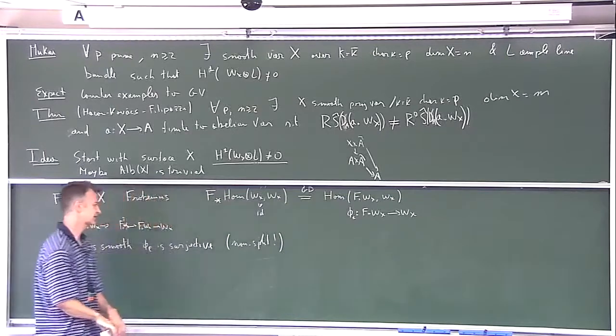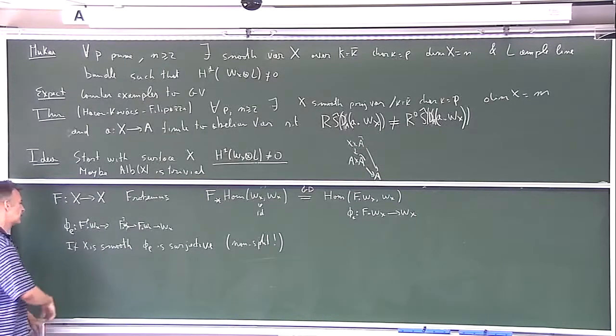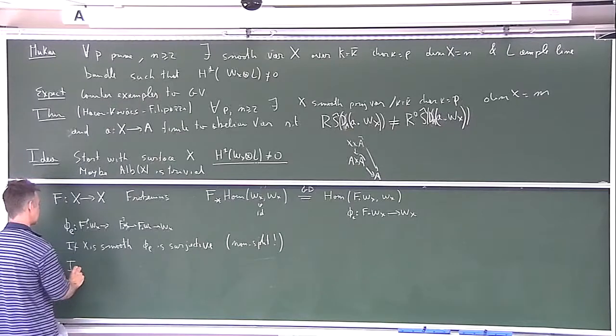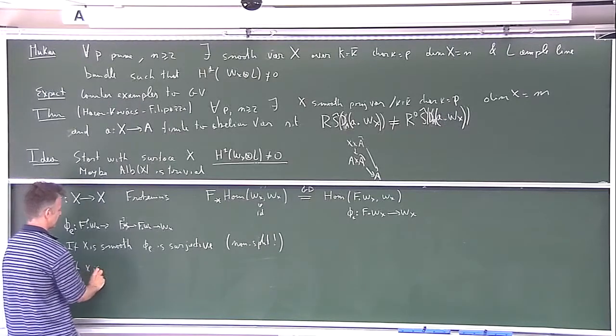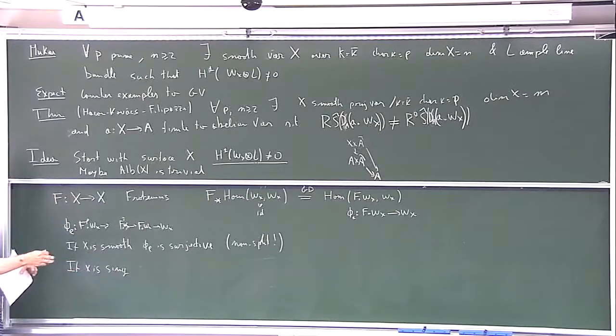You only expect it to be split maybe if X is affine or something like that. Typically it's very far from being split. This map is also interesting when X is singular. If it's a normal variety, think of defining it on the smooth locus, and then just extending the map on the smooth locus to everywhere, because these will be reflexive sheaves.